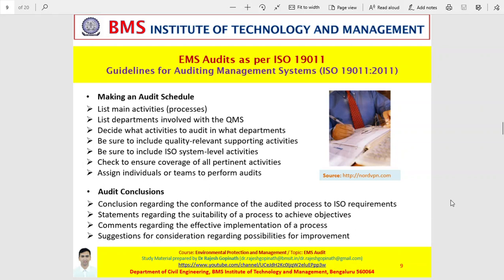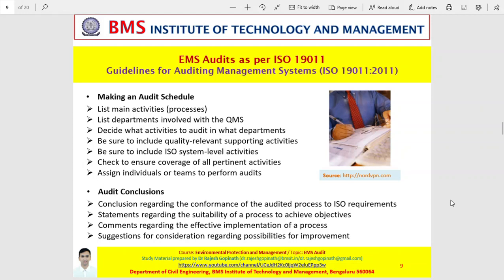The conclusions will contain comments made by the auditors, including the team leaders, on whether the processes are actually effectively implemented. And finally, being expert auditors, they will also provide recommendations and suggestions that can be considered for improving the existing system.